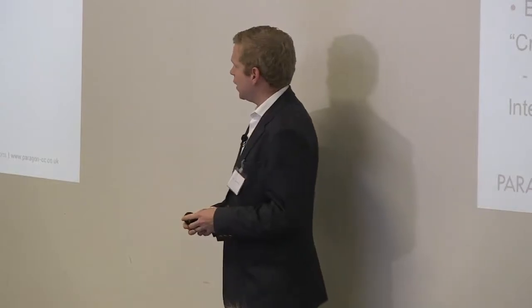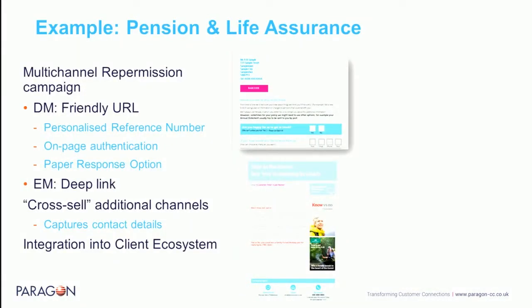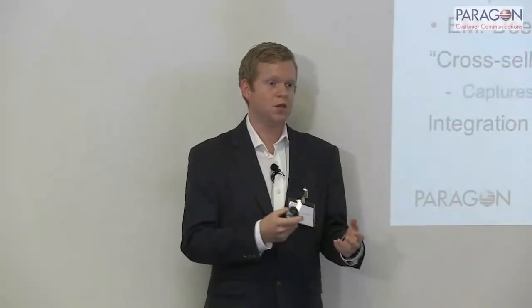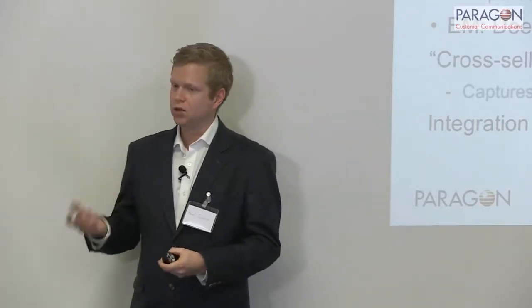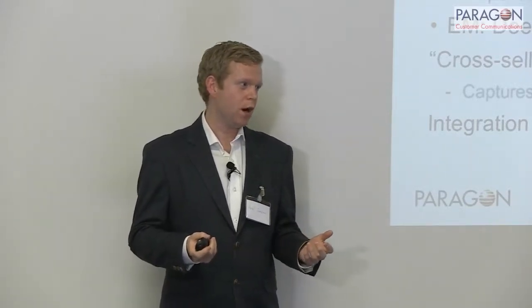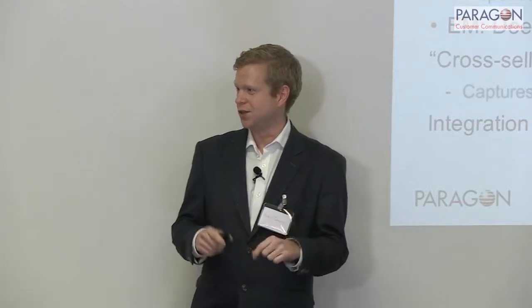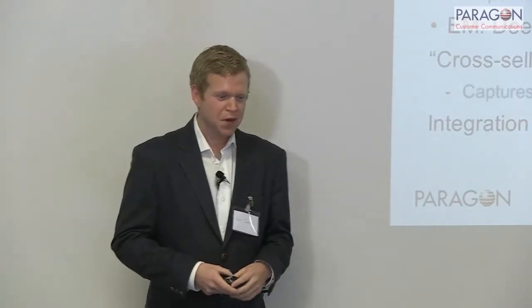One final example here is for, as I say, a pension and life assurance company, and this is where we're utilising direct mail as well as email. So this is actually a re-permission campaign. So the email, as you would expect, has a deep link through to a preference centre so that their boxes are changed based on their preferences. And then the direct mail has a friendly URL so that they don't have to put in https www.